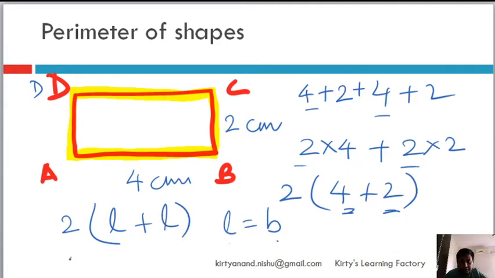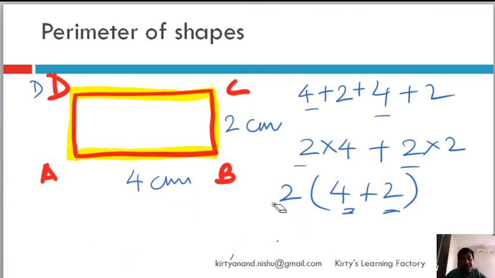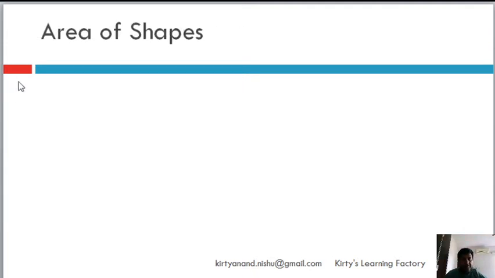So this becomes 2 into length, and 2 gets outside and becomes 4 into length, which is the side of the square. So like I said, if you understand the concept, the formula is easy. Just add the sides, if you know the sides, you will know the perimeter. Simple concept. Don't get into too much of formula.